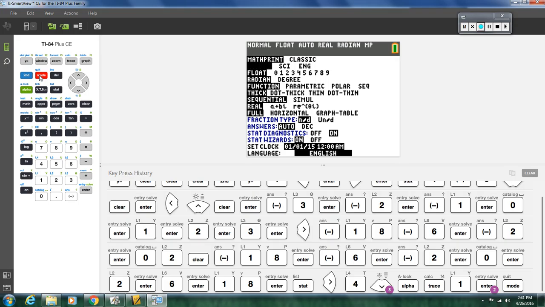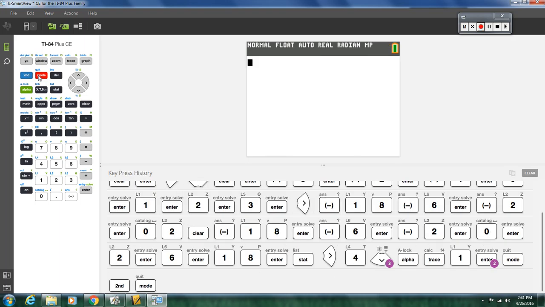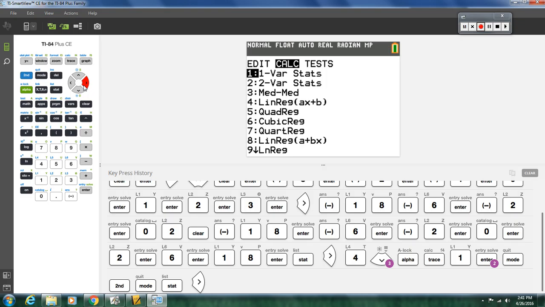So On is highlighted. And once you do that, go back in and do Stat Calc 4. Put it in Alpha, Y1. You've got to use your down arrow to go to diagnostics. Make sure it's turned on. Once you do that, you've got to quit and then go back in and say Stat Calc 4.